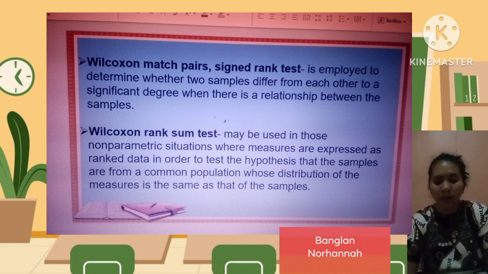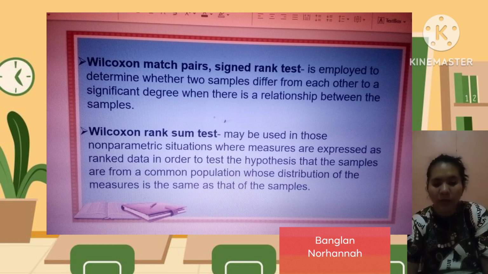Wilcoxon rank sum test may be used in those nonparametric situations where measures are expressed as rank data, in order to test the hypothesis that the samples are from a common population whose distribution of the measures is the same as that of the samples. The Wilcoxon rank sum test, also known as the Mann-Whitney U test, is a nonparametric statistical test used to compare two independent samples.